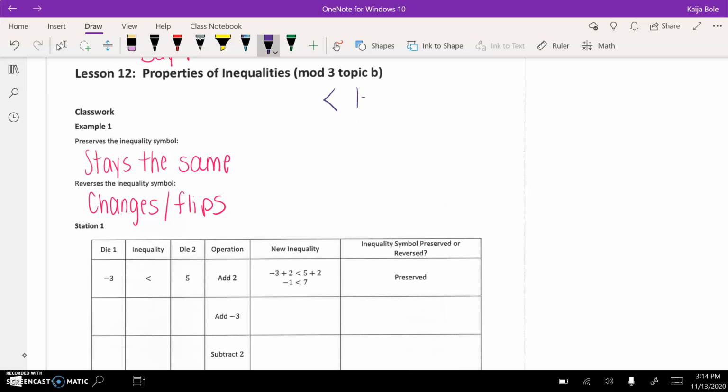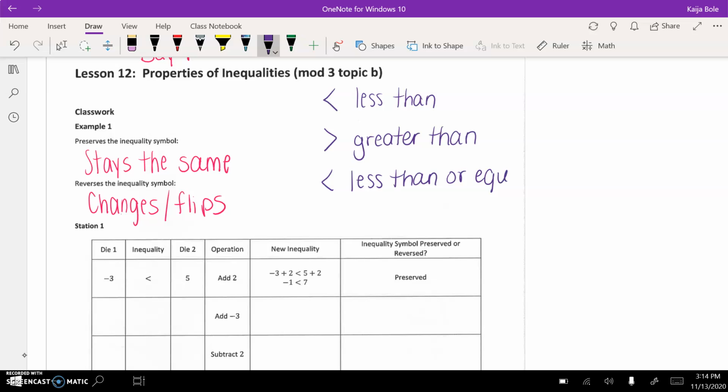So this guy would be less than. This would be greater than. And then this would be less than or equal to. And this guy would be greater than or equal to.